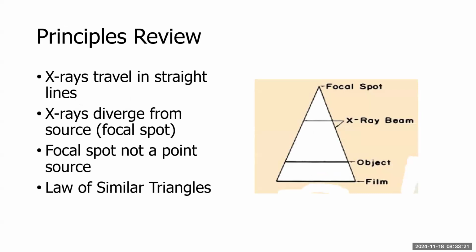So just a few little things to remember: X-rays travel in straight lines. We know that from about week 2. X-rays diverge from a source, from the focal spot in the anode. The focal spot is not a point source, meaning there is not just one spot on the anode where the photons are created, right?